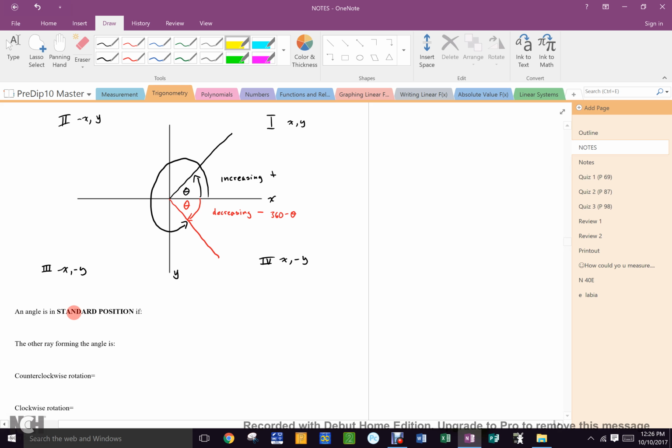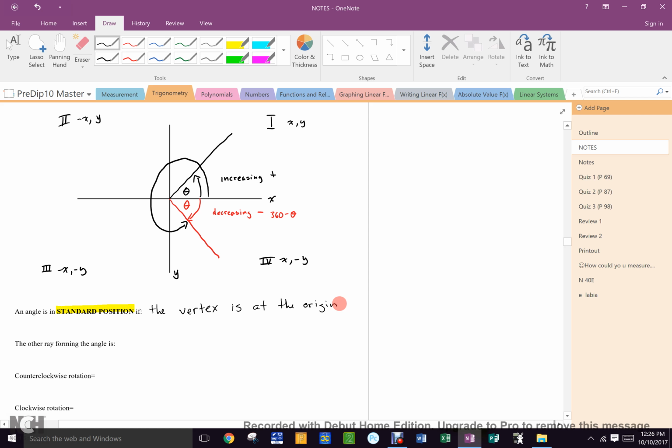Guys, please, it's capitalized, it's in bold. Is that term important? Yes. An angle is in standard position if the vertex, what is the vertex of an angle? The corner. Yeah. If the vertex is at the origin.